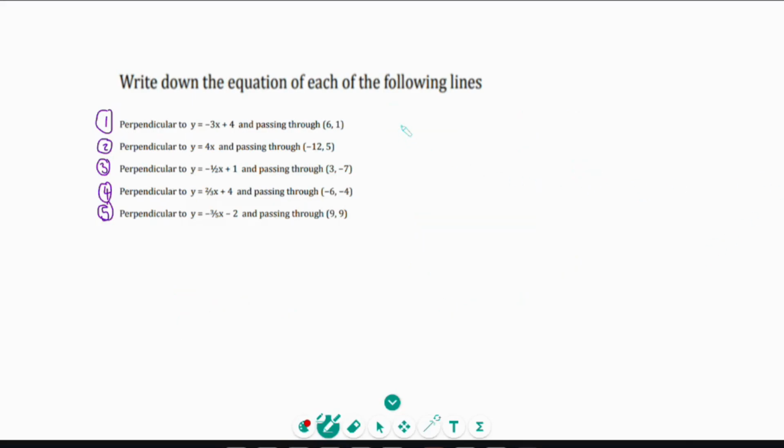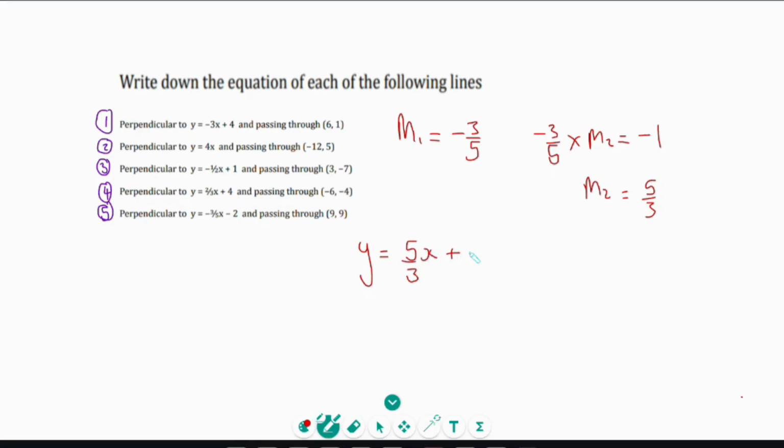Last question. Divide both sides by -3/5. Take 15 off both sides.